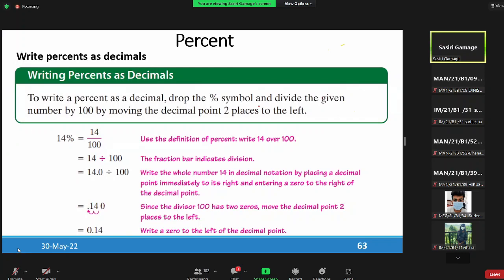Okay, you will see this example. As an example, here we have 14%. As we did previously, what we do first is forget about the percent mark and keep the 100 below the fraction bar. Then we have 14 over 100.